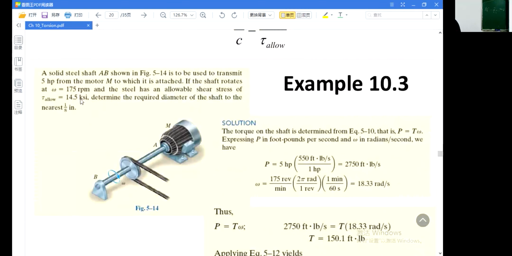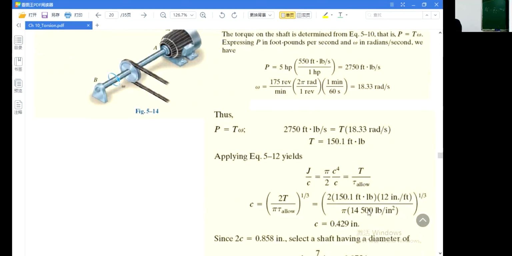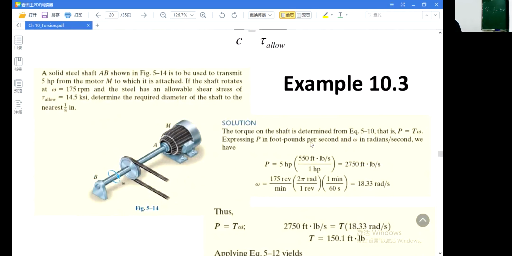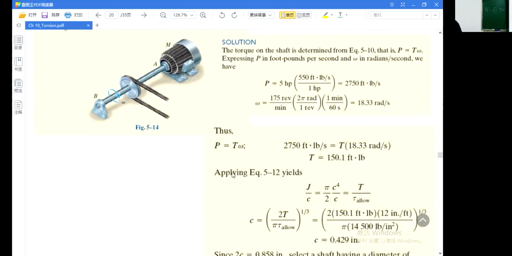The allowable stress is 14 kips per square inch. 14 ksi, so that is 14,000 pounds per square inch, because 1 ksi equals 1,000 pounds per square inch. That is a unit.